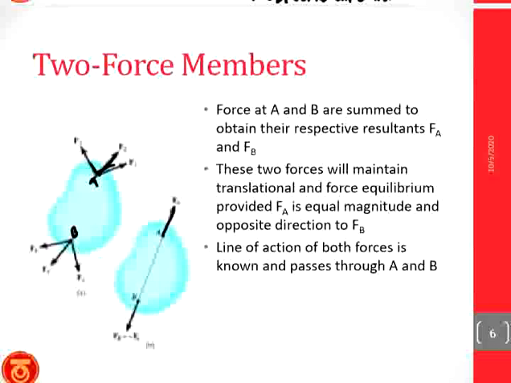So we have FA here and FB here, and the direction of FB is negative FA. So these forces FA and FB are in opposite direction, and collinear, and have equal magnitude.